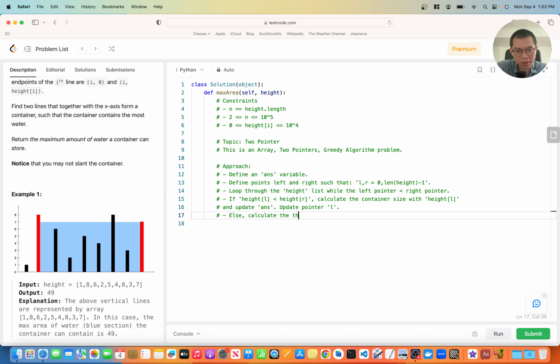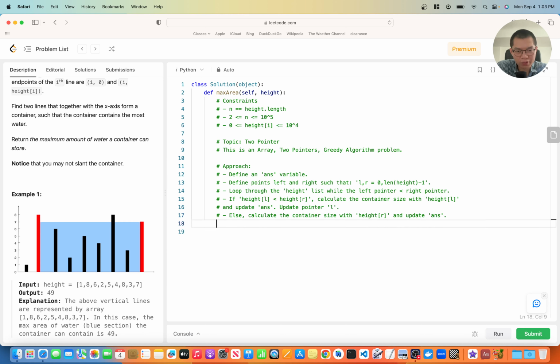Else calculate the container size with height R, because the right height is the lesser of the two, and you have to update the answer.